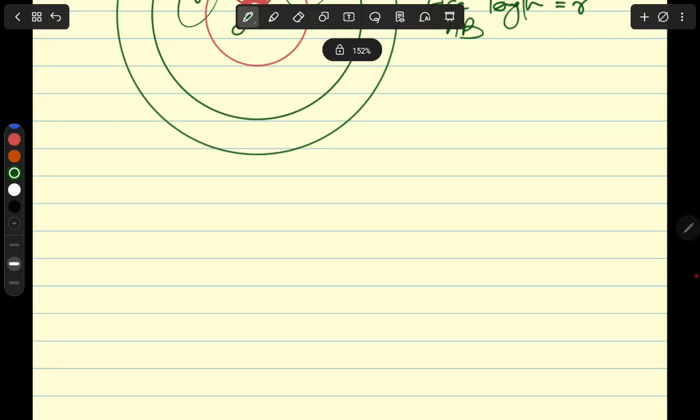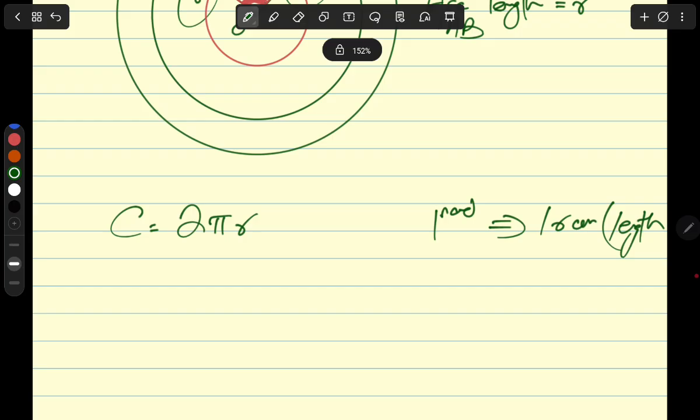Now, we know that the circumference of a circle is equal to 2 pi r. Now if 1 radian corresponds to 1 radius length, or 1 r centimeter, how many radians fit around the whole circle?